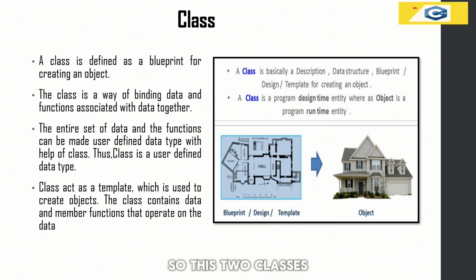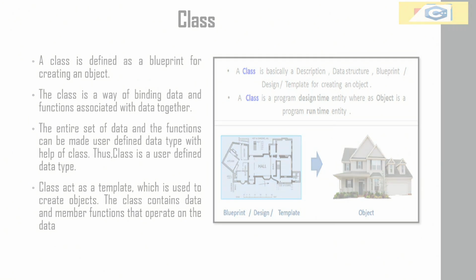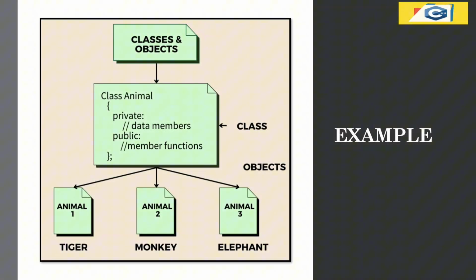These two class names, bank and student, are not predefined. They are user defined. That's why we call a class a user defined data type. For example, we have a class animal which consists of private and public members. Animal 1, 2 and 3 are nothing but the objects of class animal.